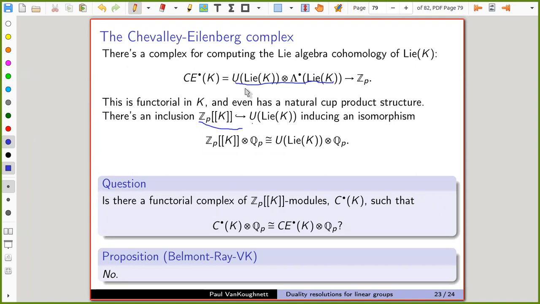I think the things in the exact sequence are like infinite dimensional over Z_p double brackets K or something. Something weird happens. Was that the question? I think so. Okay, cool.